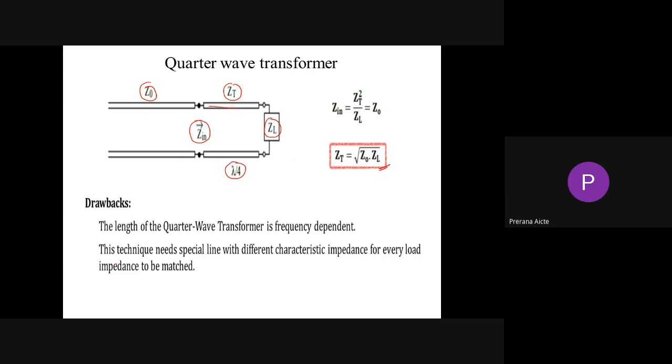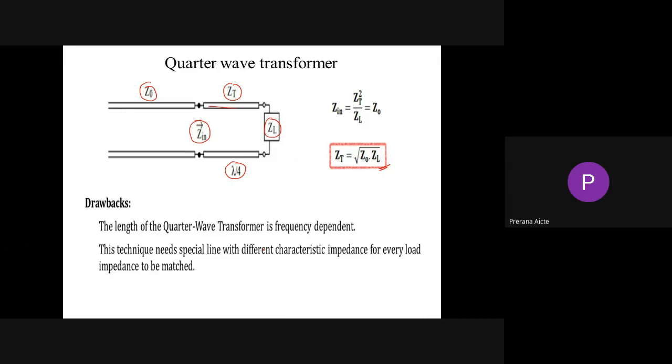And another thing is this technique needs special lines, a special transmission line with a different characteristic impedance for every load impedance to be matched. That is nothing but it needs a special transmission line with different characteristic impedance.